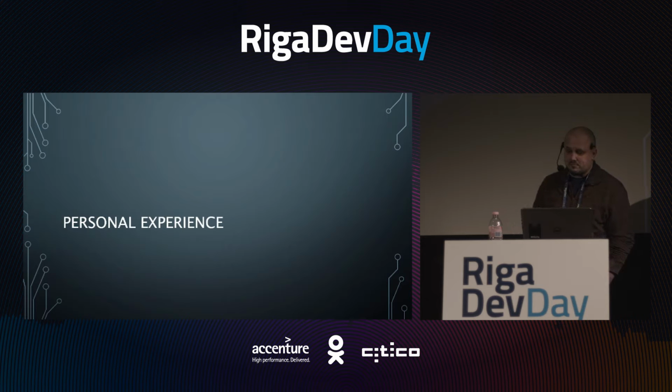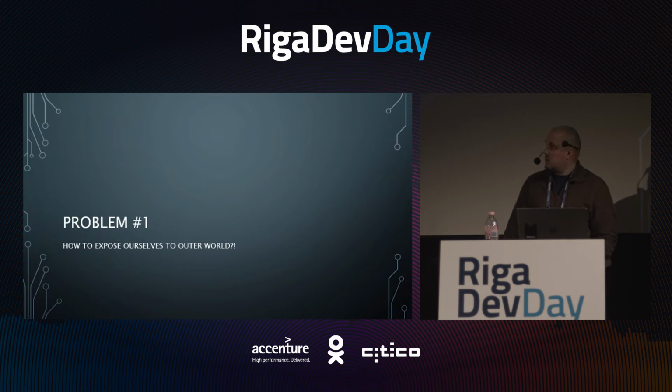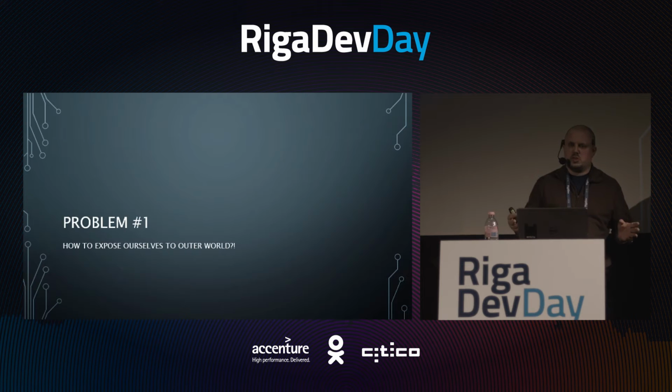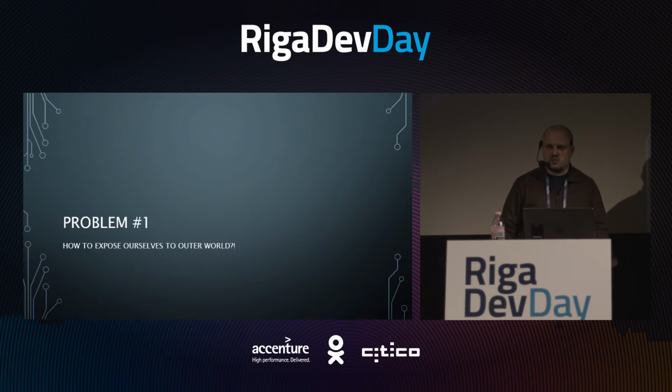So, about the personal experience, I'm going to tell you about the 5 problems we met and somehow failed to resolve during this project. The first one is how to expose our system to the outer world. Kind of sounds stupid. We had the UI, which was nice, with a lot of buttons and a lot of JavaScript frameworks.